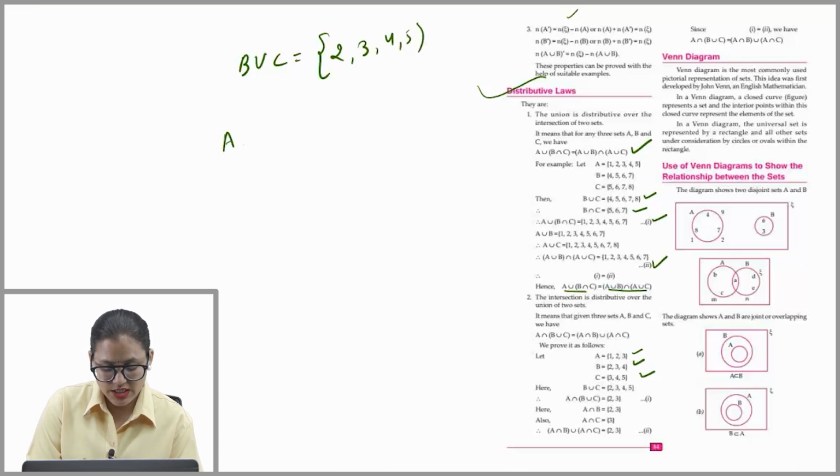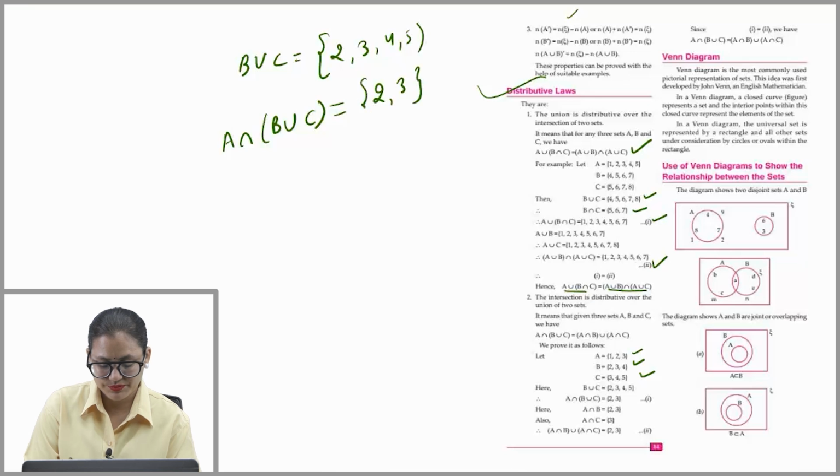Now A intersection (B union C) is what? It's {2, 3}. Okay, this is one. Next, here A intersection B is what? {2, 3}.